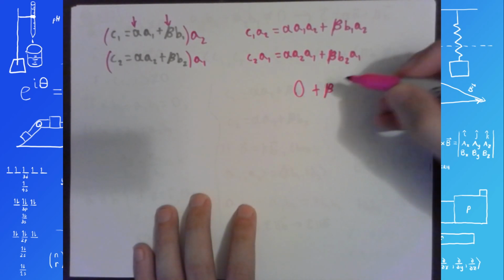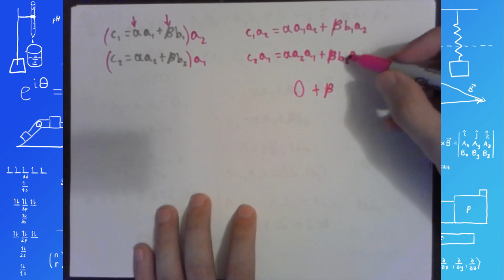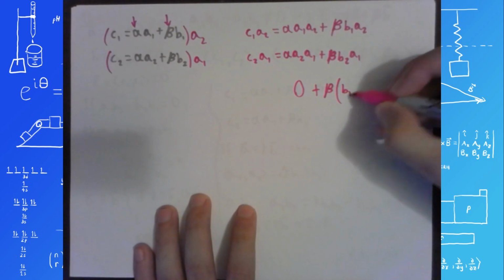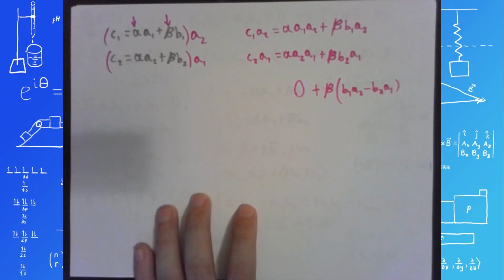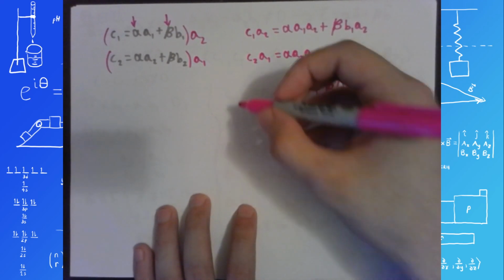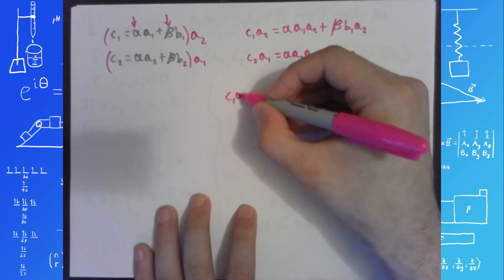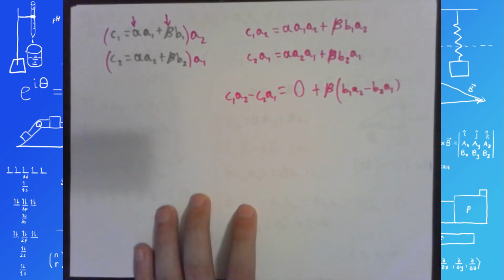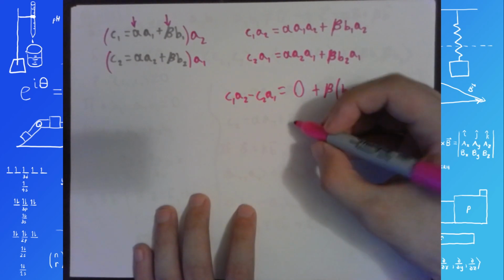Plus beta, I'll have factored out, so beta B1A2 minus beta B2A1, I'm just going to have that as beta times B1A2 minus B2A1, and that's equal to C1A2 minus C2A1, and solving for beta, all I have to do is divide.